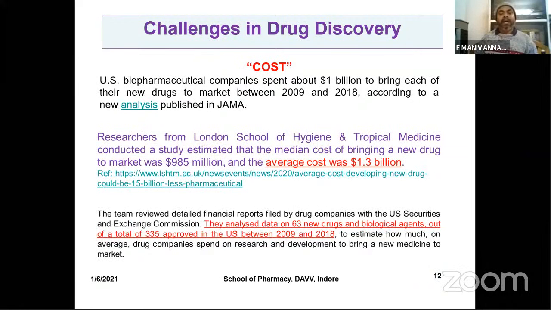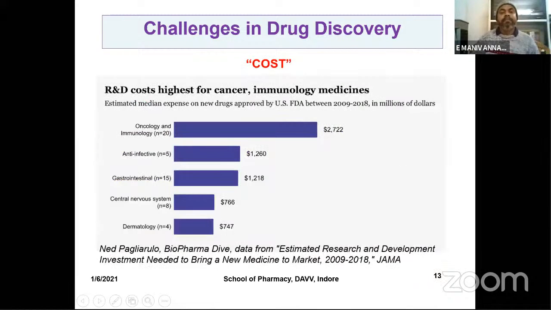Okay, and a team of researchers reviewed 63 new drugs and biological agents approved in the US between 2009 and 2018. From this, they concluded that the average cost for discovering a new drug is approximately 1.3 billion. You can imagine the cost.